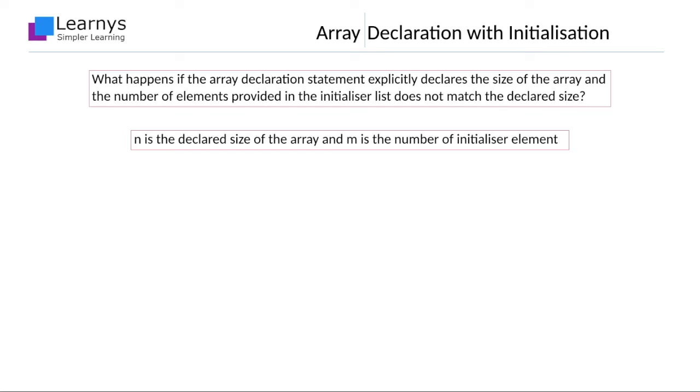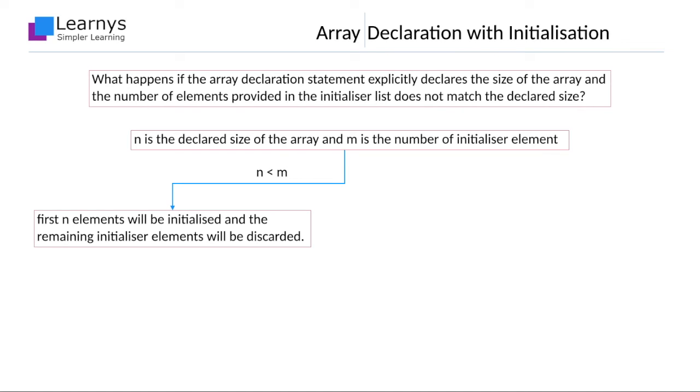If the declared size of the array is less than the number of initializer elements, that is, if n is less than m, then the n elements of the array will be initialized with the first n elements from the list of the initializer elements and the remaining initializer elements will be discarded. In this example, mySmallArray will be initialized with 1 and 2, and 3 and 4 will be discarded.